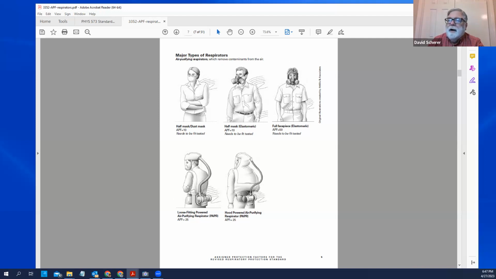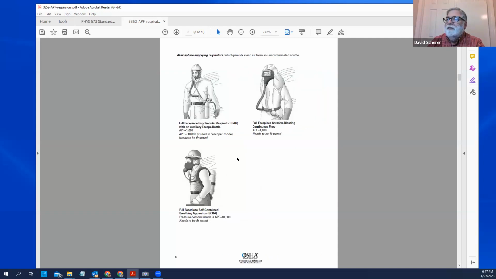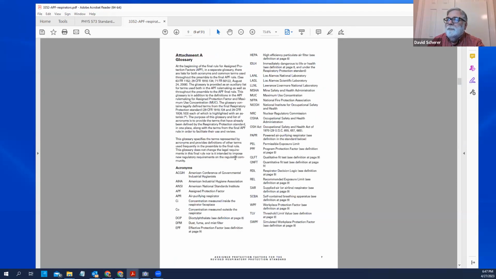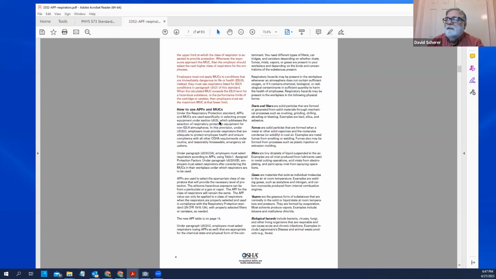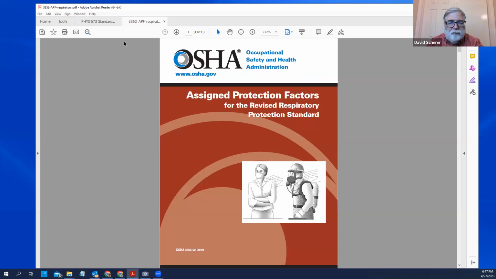This is a powered air purifying respirator. So it's taking in air from the environment and purifying it, but it's powered and blows through the respirator. Instead of being negative pressure, it's a positive pressure system. These are different kinds of respirators. So we use these in radiation safety, just like industrial hygienists use them for chemical hazards.